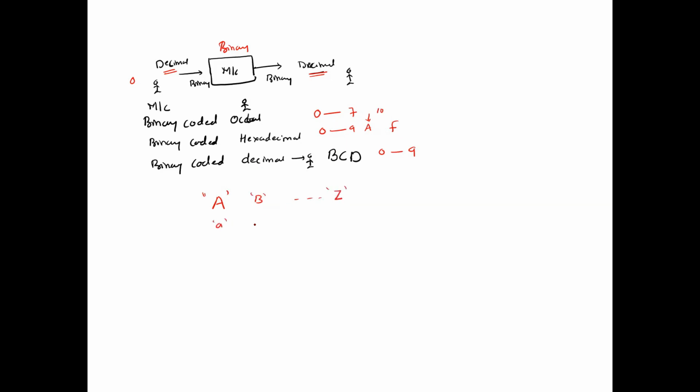Then we have small letters from a, b, up to z. And character 0, character 1, and so on up to character 9 we have. Then we have special characters, right? So space we have, dot we have, comma we have. These are all special characters. Now, how will the machine code these alphanumeric characters?